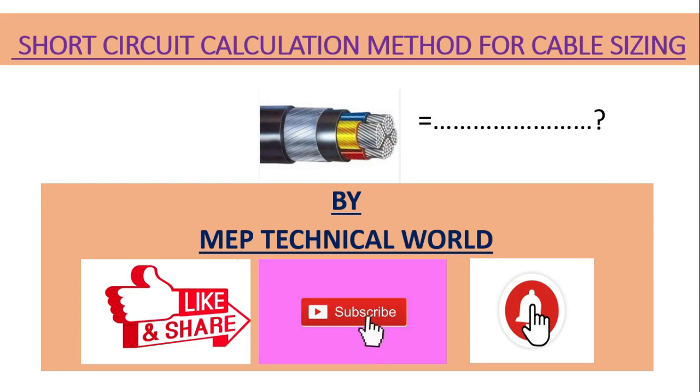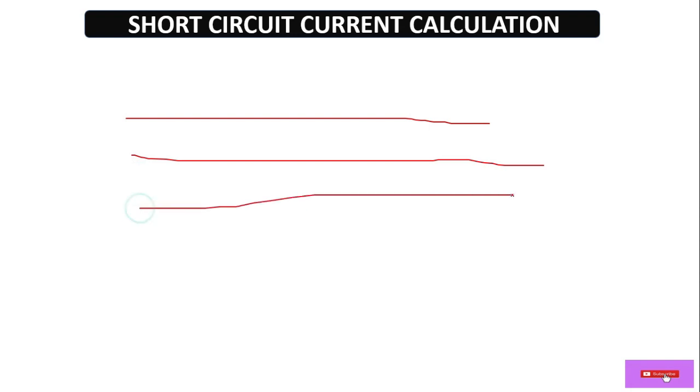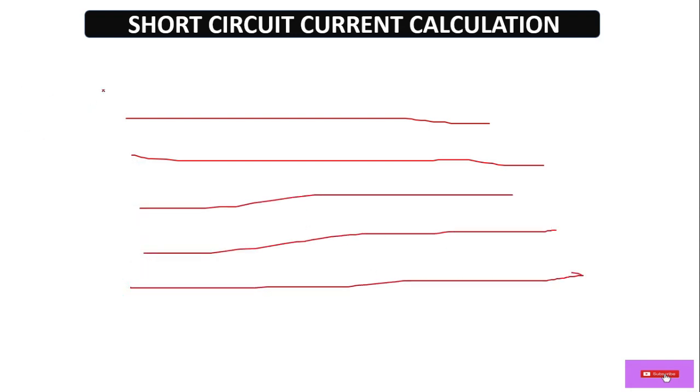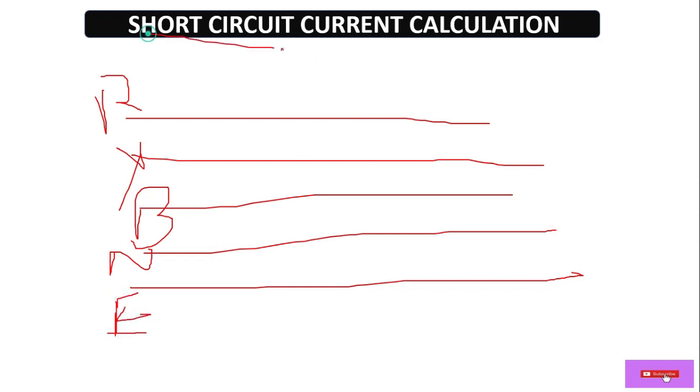So let's get started. What is short circuit current? Let's consider three phase. Here we have R, Y, B, one neutral and one earthing. Basically, short circuit current is the fault current.